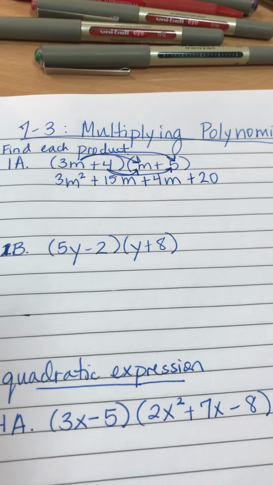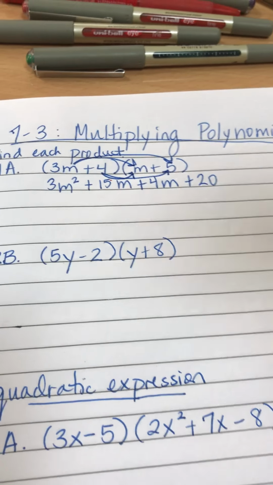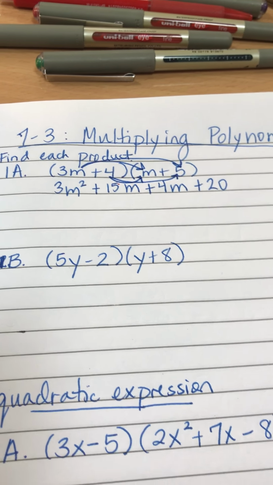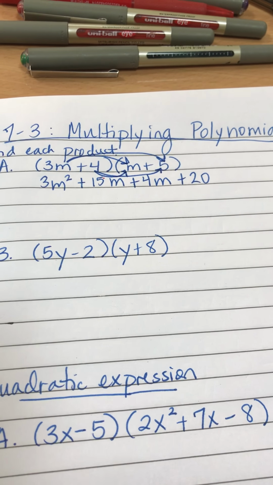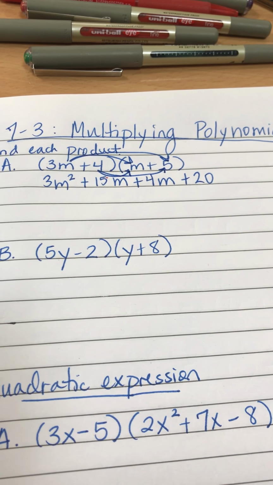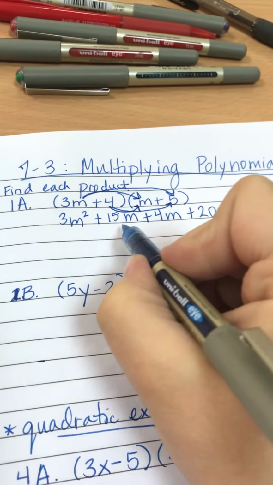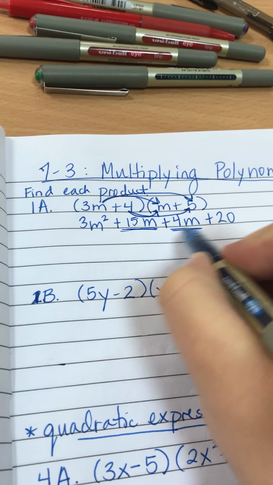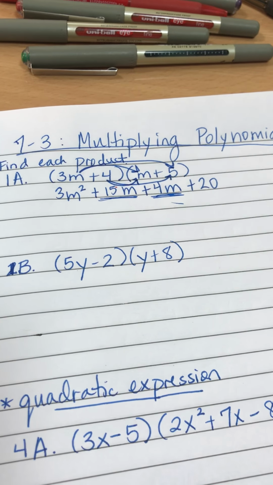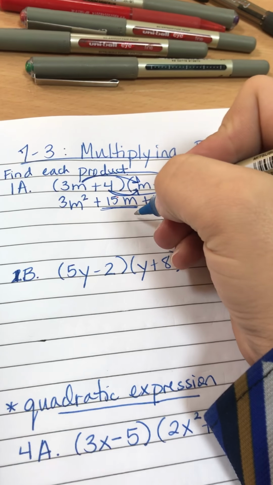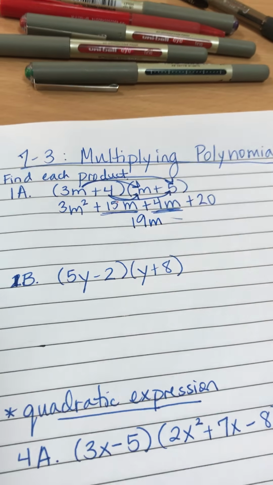Okay, now unlike the adding and subtracting, unlike the multiplying a monomial by a polynomial, here after I distributed, I have some combining like terms that I can do, because this 15m is a like term with the 4m. So if I add 15m and 4m, I'm going to get 19m.